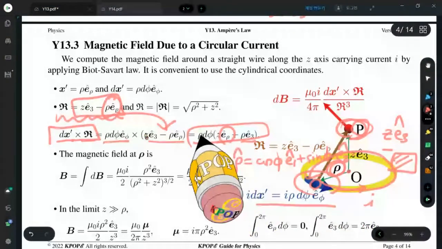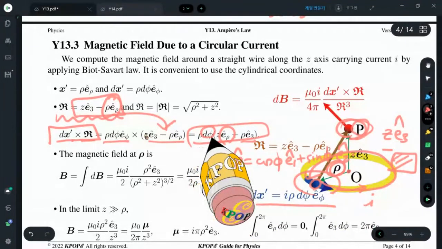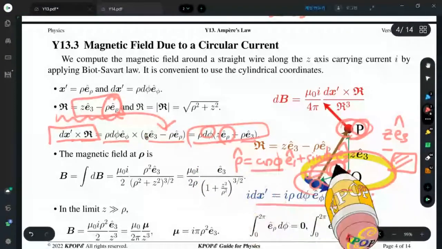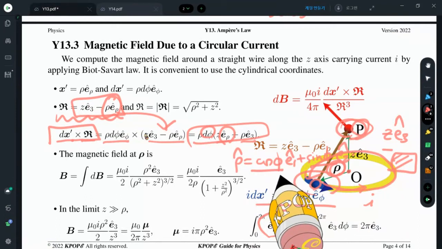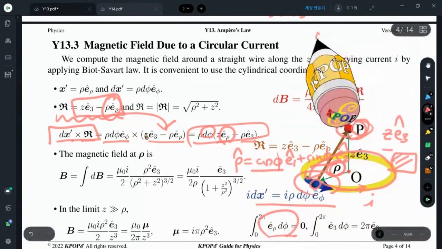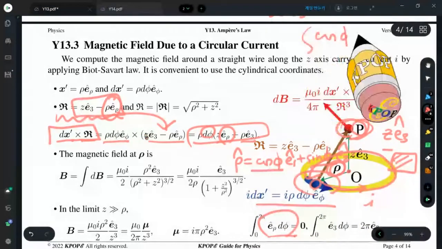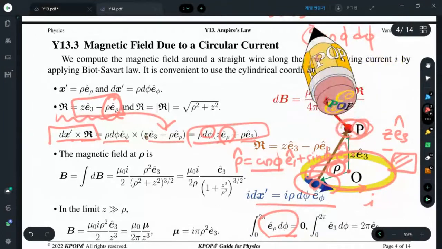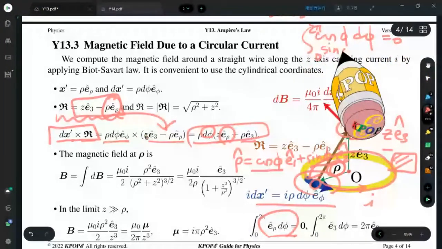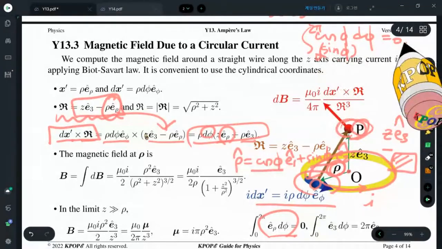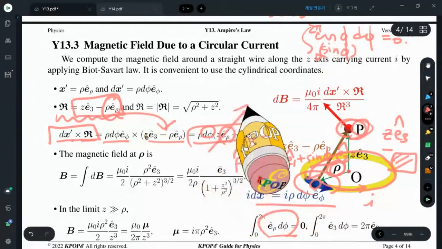And if you integrate over the angle, these two terms disappear, absolutely. Because the integral of cosine phi d phi from 0 to 2 pi equals 0, and sine phi is also 0. So we don't have to compute this.